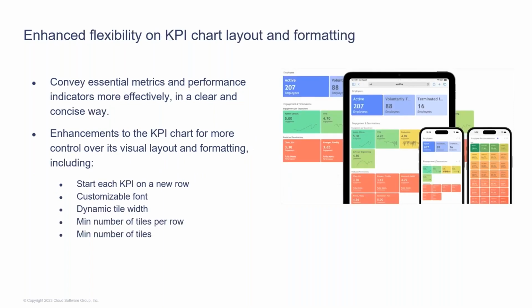The KPI chart has also been enhanced in Spotfire. So this is a visualization that we originally developed with mobile use cases in mind, where it's very well suited, but it also has grown popular in dashboards and applications used on regular computers. So a short summary of how the KPI chart works.